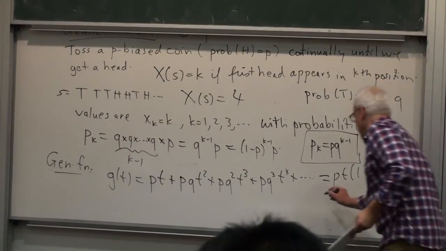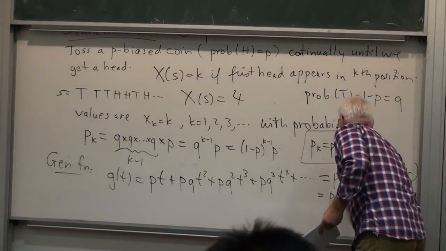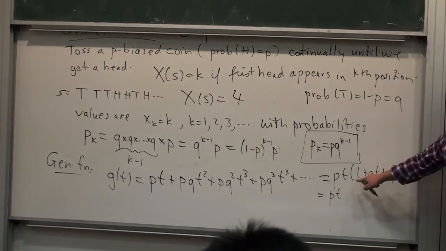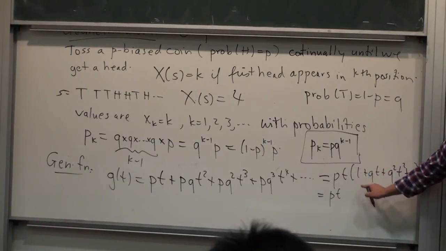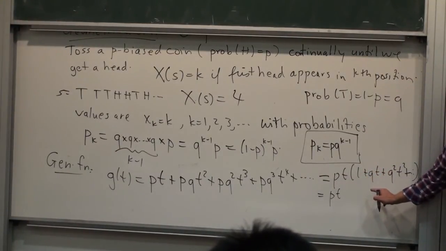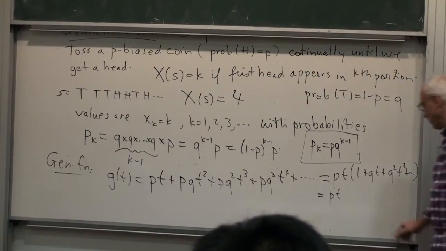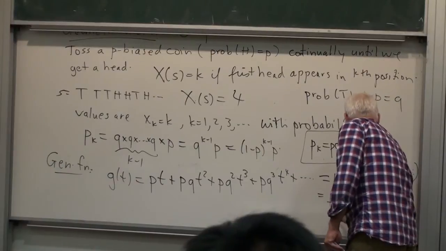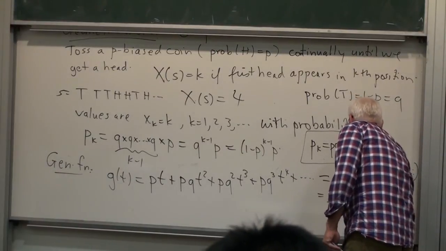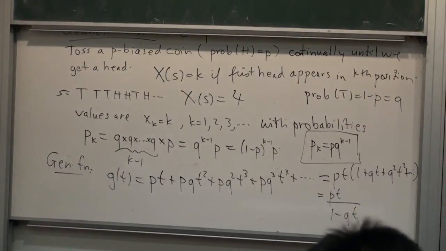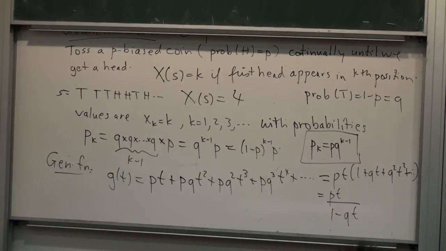And so the formula for the geometric series starts with 1, ratio of q times t. So the infinite series has power series 1 over 1 minus qt. So pt over 1 minus qt, that's the generating function for the geometric distribution.